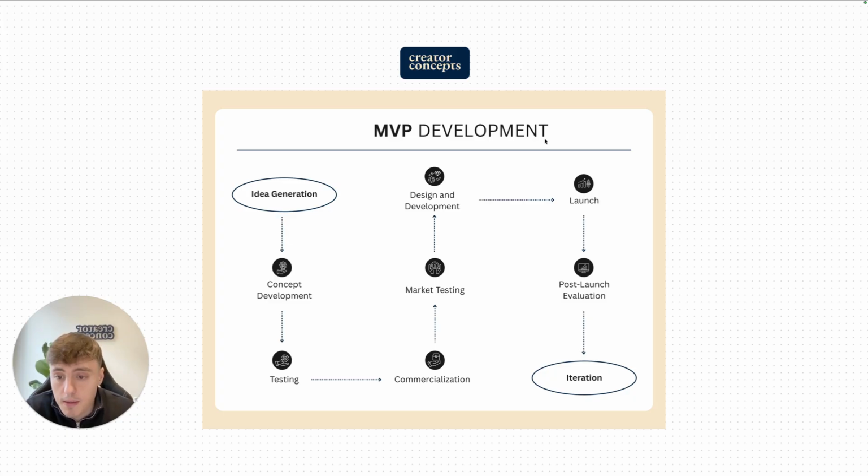Then they typically move into concept development. So concept development is where we take that initial idea, we then start to put together a concept for the idea. That could be a wireframe, a black and white wireframe.